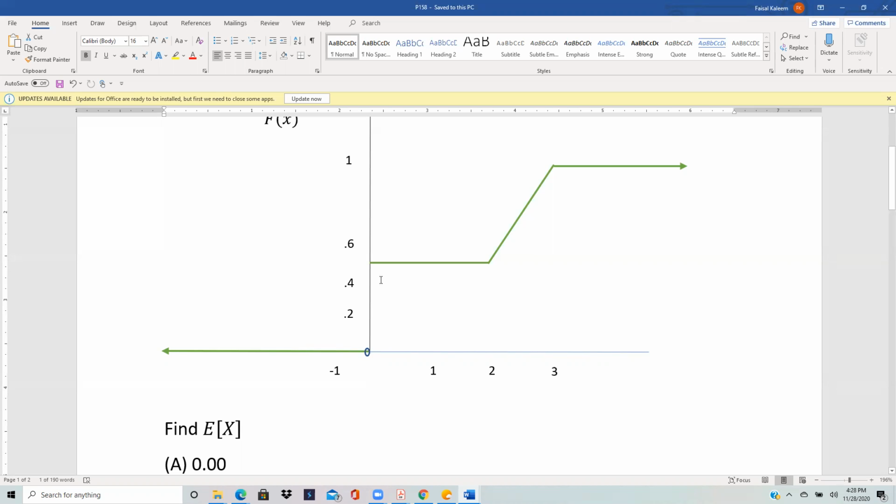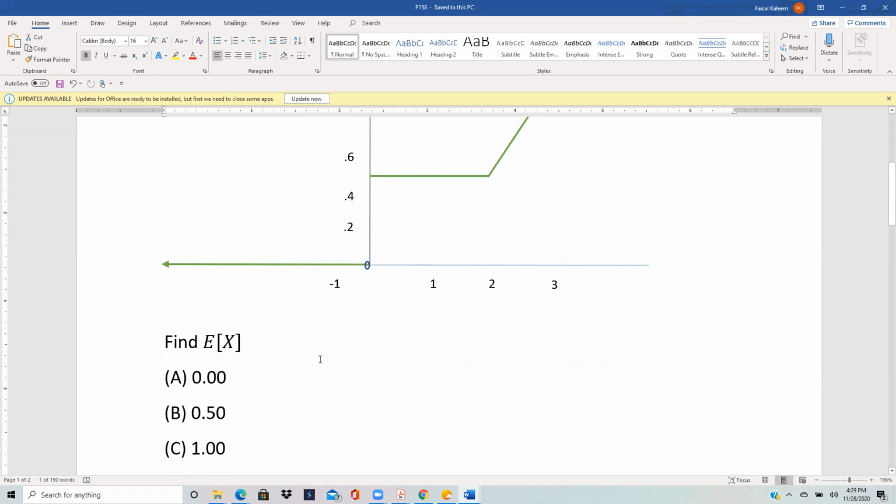So if there is a jump, which is what we have at 0, that's the one point you have to be careful about. In this range, when x is less than 0, the CDF is 0. So the PDF in this range would just be the derivative of 0, which is 0.